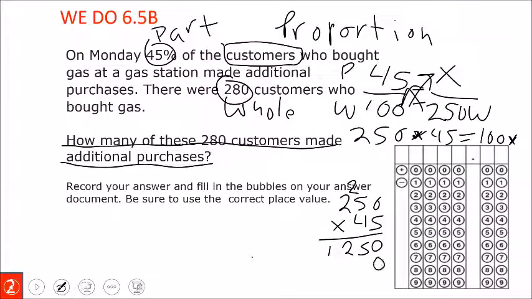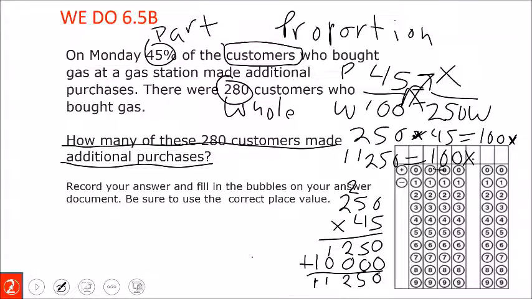We're going to put our placeholder. 4 times 0 is 0. 4 times 5 is 20, carry the 2. 4 times 2 is 8, plus 2 is 10. Add 0, 5, 2, 1, 1. All right, so 250 times 45 is 11250 equals 100x.